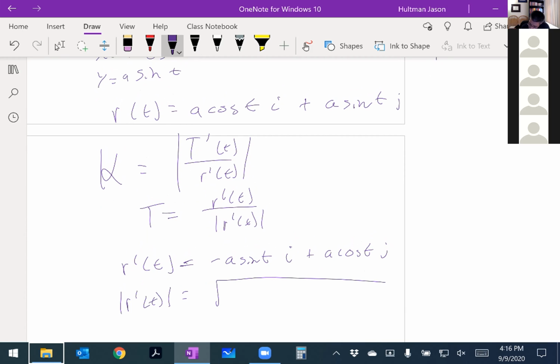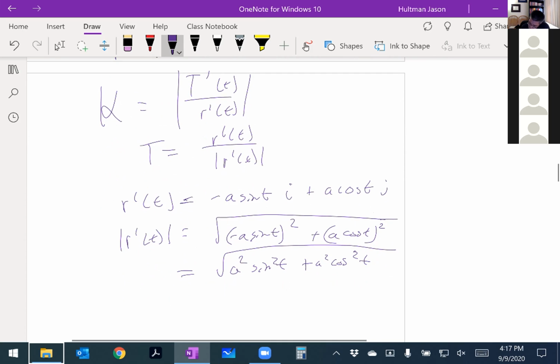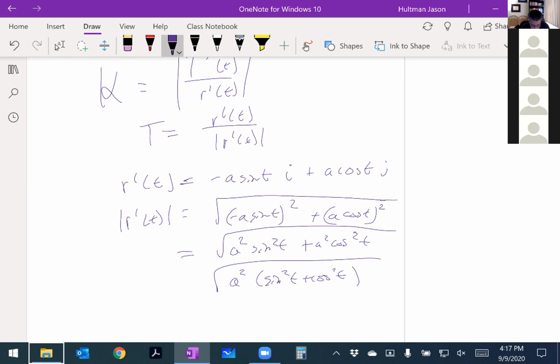That's the square root of negative a sine t squared plus a cosine t squared, which is a squared sine squared t plus a squared cosine squared t. Let's factor out a squared: sine squared t plus cosine squared t, which is just 1. So this equals the square root of a squared, which is just a.